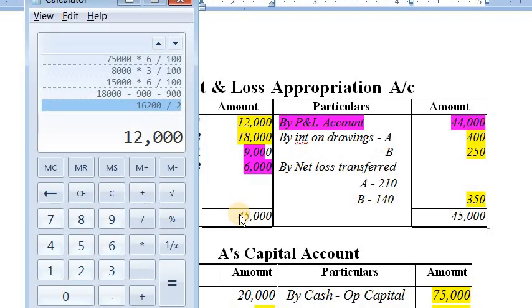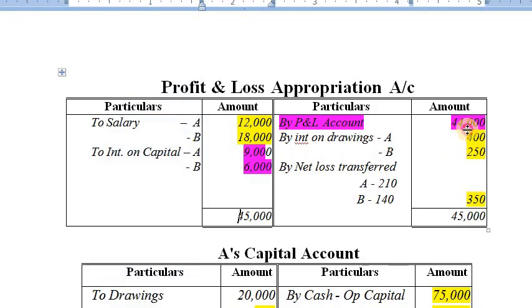See this, 12,000 plus 18,000 plus 9,000 plus 6,000 is 45,000. Actually, I should have made this slightly bigger, so it is easy for you to know that there is a net loss, a final loss.